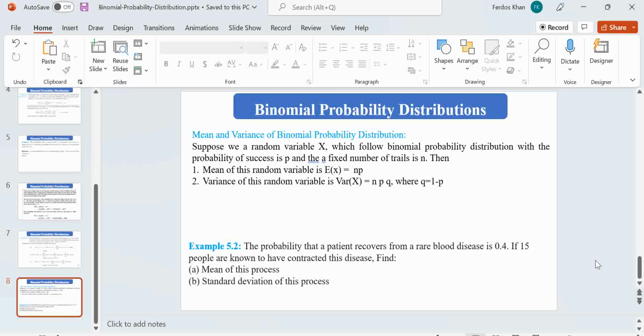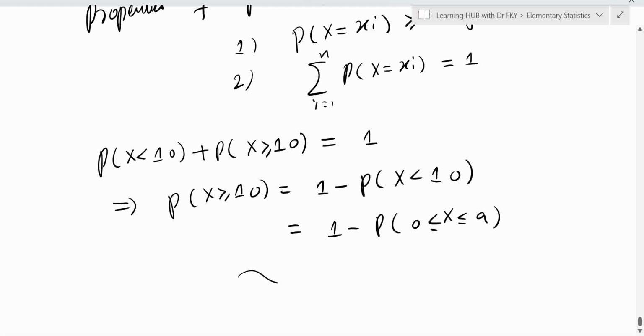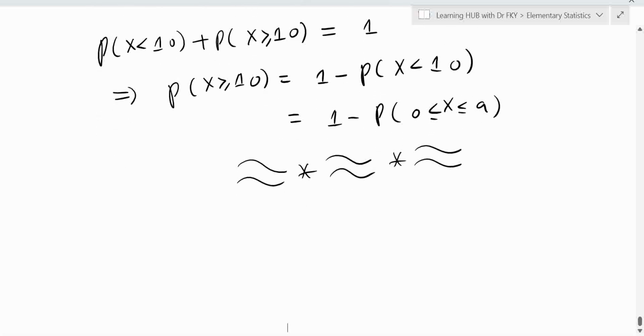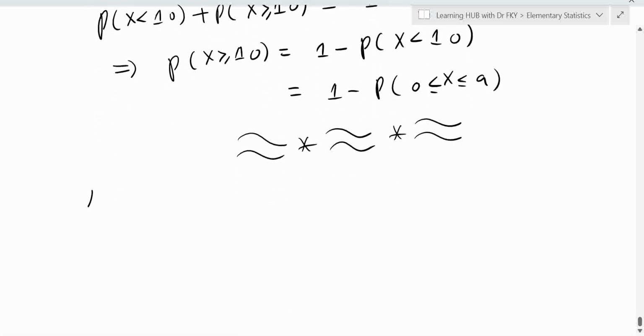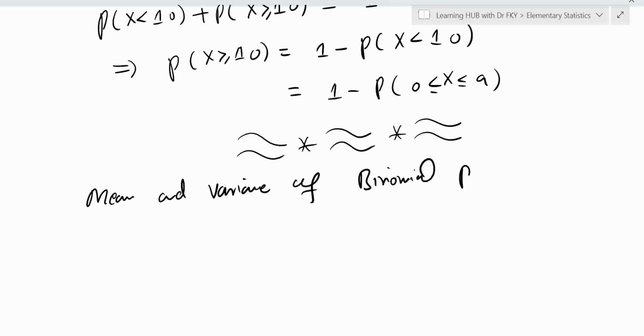Now, the other important thing about this distribution is the mean and variance. What are the mean and variance of this probability distribution? I will just write the result, and maybe in another video I will derive the mean and variance of the binomial probability distribution.